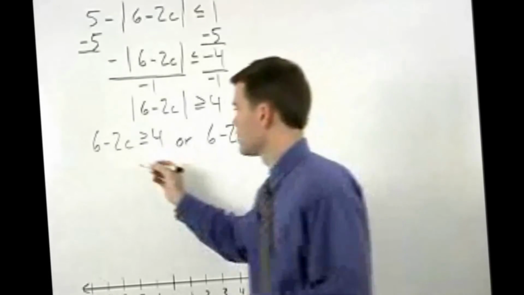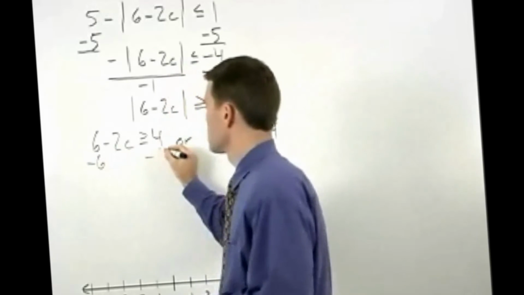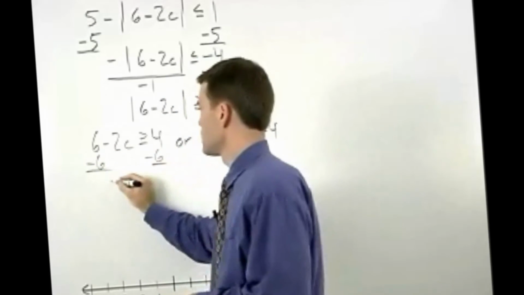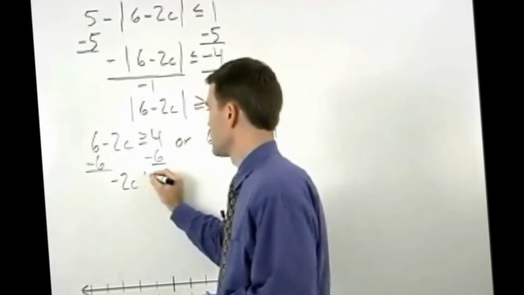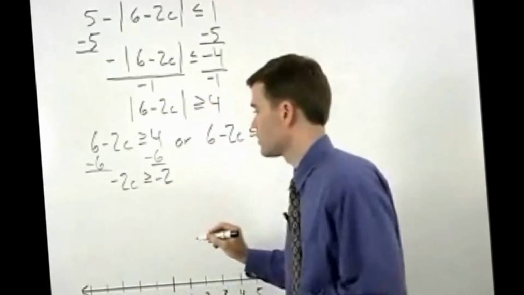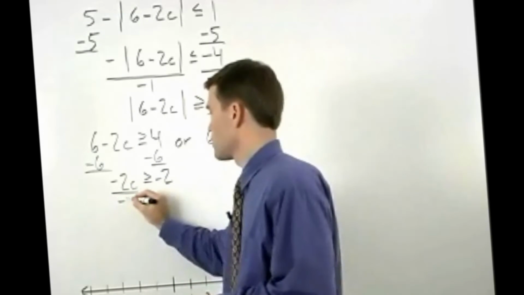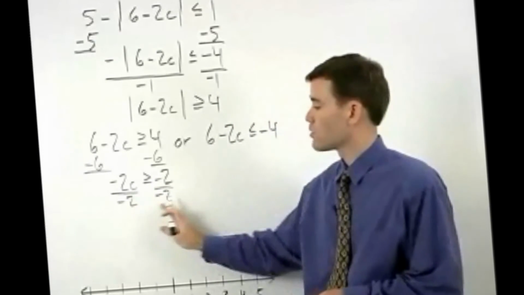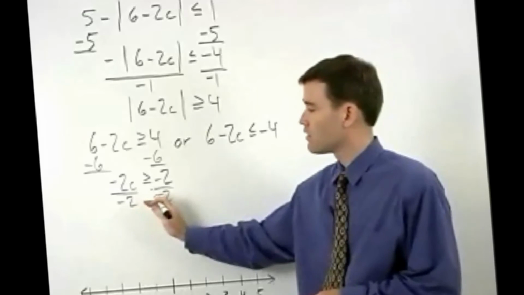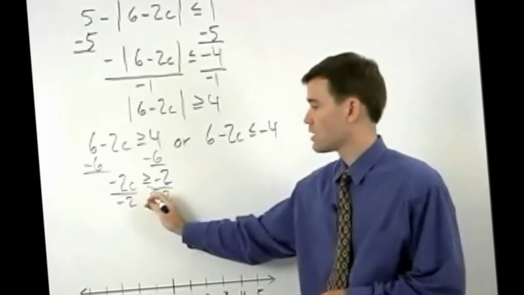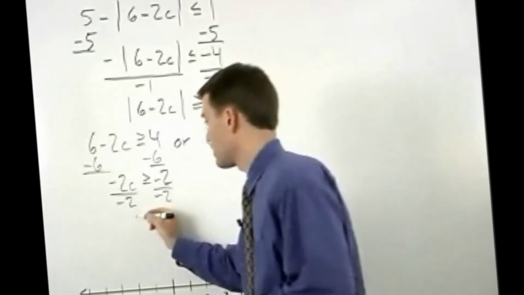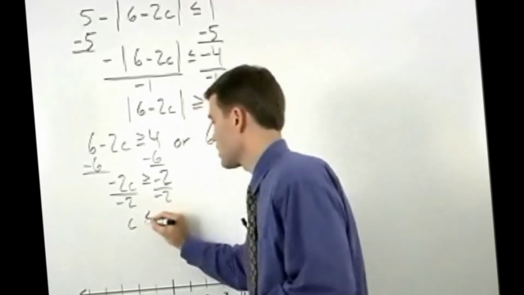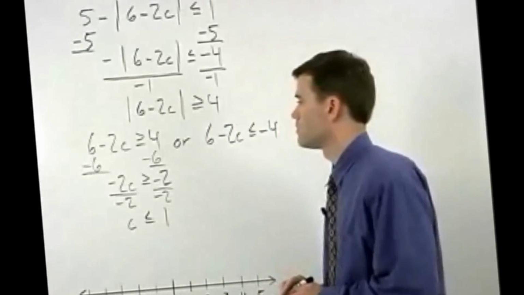So on the left, we subtract 6 from both sides to get negative 2c is greater than or equal to negative 2. Then we would divide both sides by negative 2. And watch out again, when dividing both sides of an inequality by a negative, we must switch the direction of the inequality sign. So we have c is less than or equal to 1.